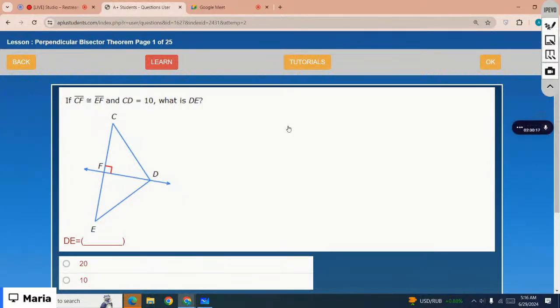Which is the correct option? The correct option is DE is also equal to 10. Option number 2 is the correct option.